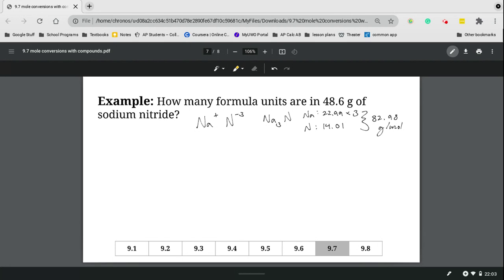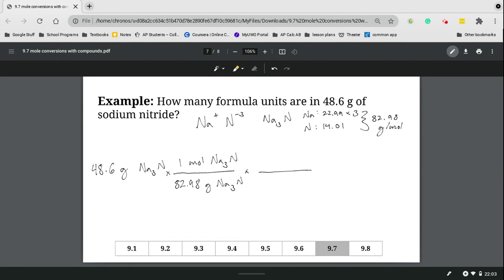Again, we start with what's given, 48.6 grams of sodium nitride. And then we use what we just calculated to get to moles, 82.98 grams for every mole. We still have to get to formula units.